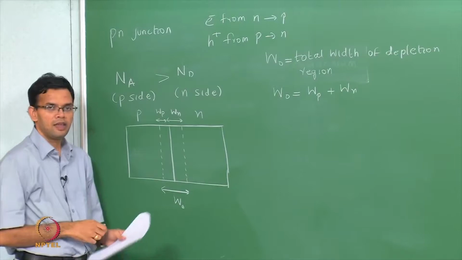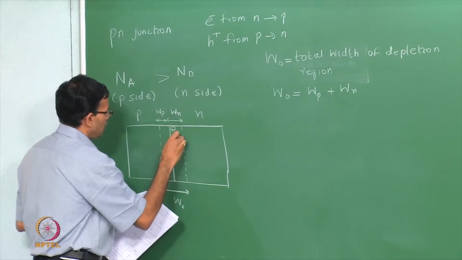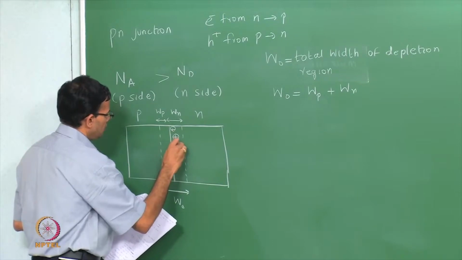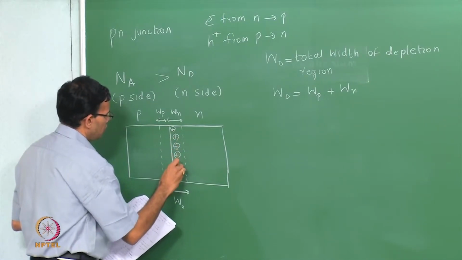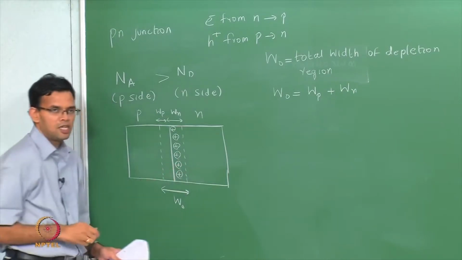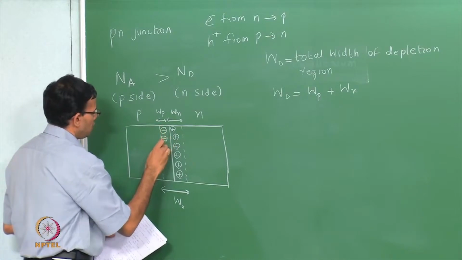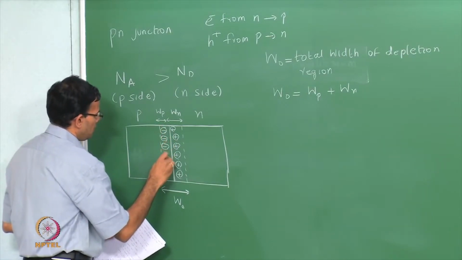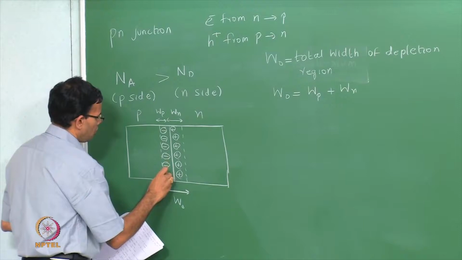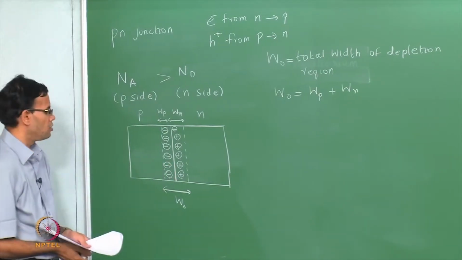So, we said that in the case of a p-n junction, we have a net positive charge on the n side because the electrons are gone, leaving behind positively charged donors, and you have a net negative charge on the p side because the holes are gone, leaving behind the acceptor ions.